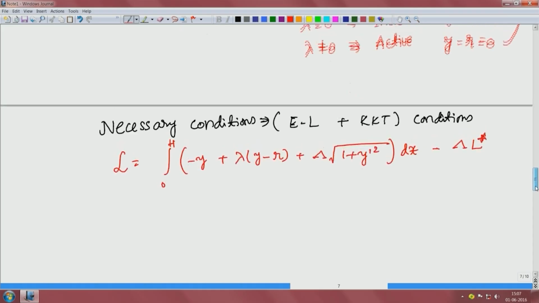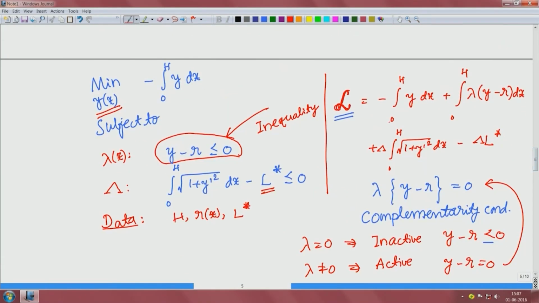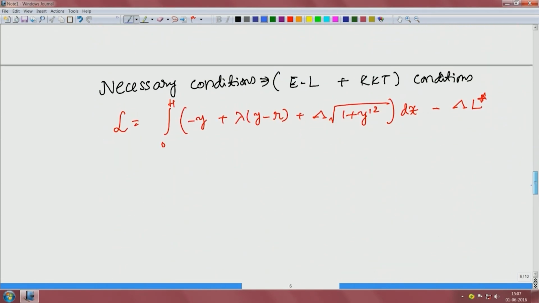Okay. Basically, I have collected the terms that were here. We wrote this one, this one, this one, and then we also wrote that which is immaterial. Yeah, this is our Lagrangian. So, now what is f? The integrand is this.